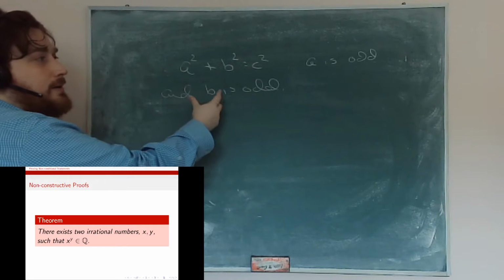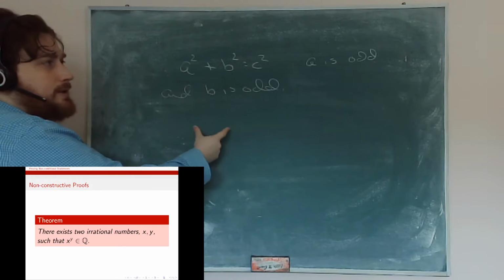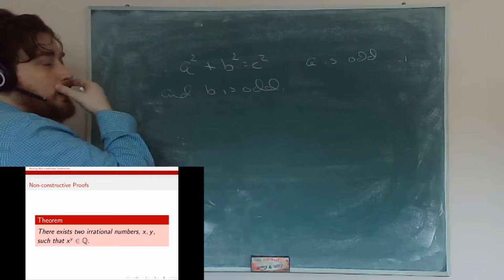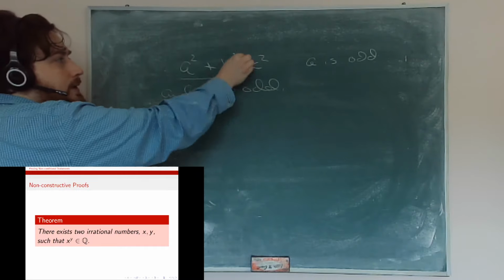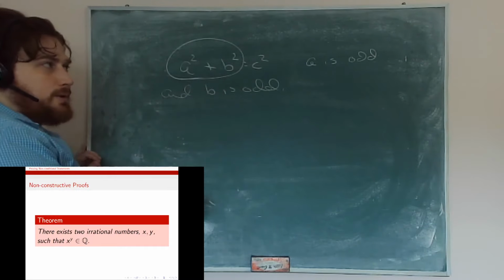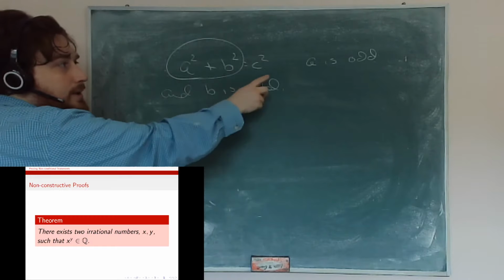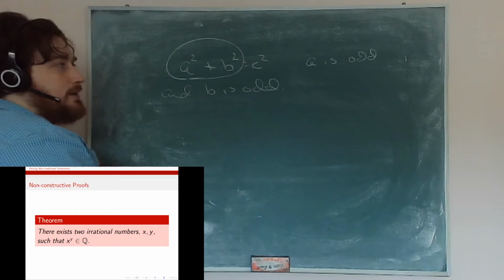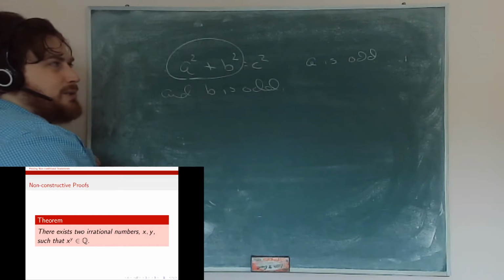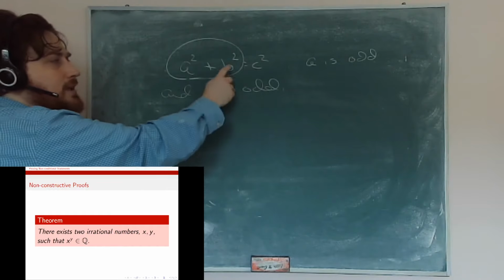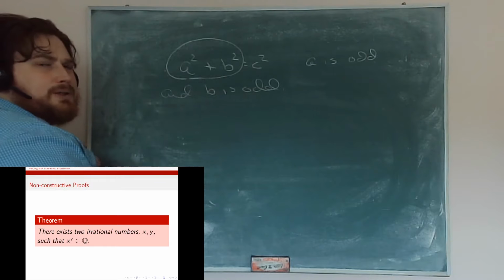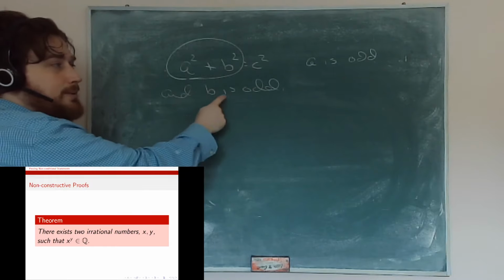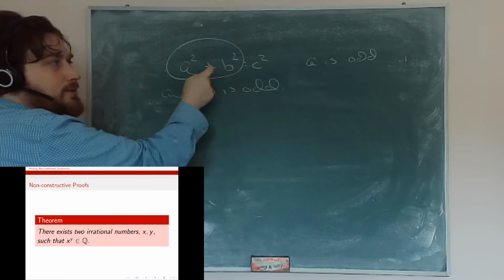I know where the contradiction is going to be, I'm just trying to think about the best way to explain where to go from here. So what I would do is start off with this side and think about what a squared plus b squared looks like. Well, I know a is odd, so what is a squared? A squared would also be odd, right? Therefore b squared is odd for the same reason. b is odd, therefore b squared is odd.